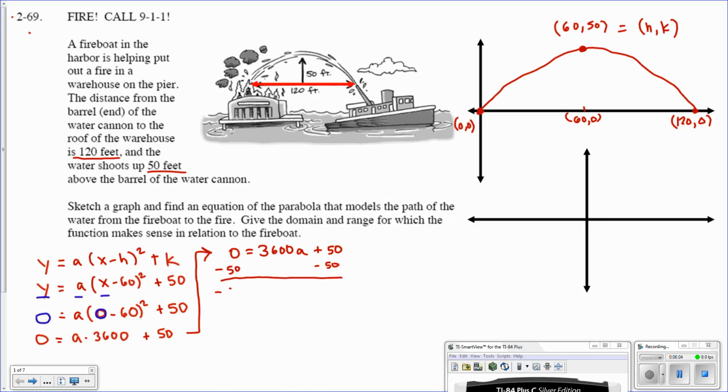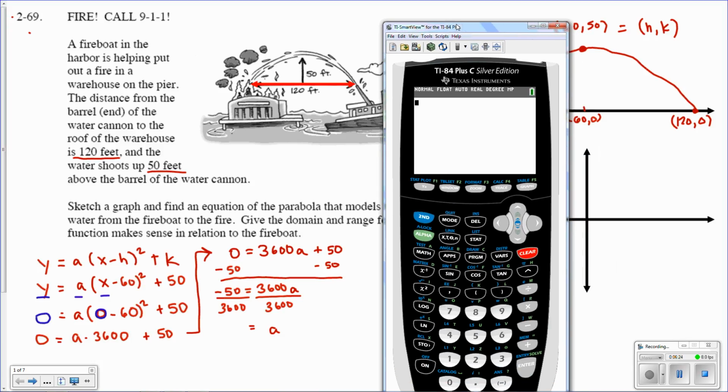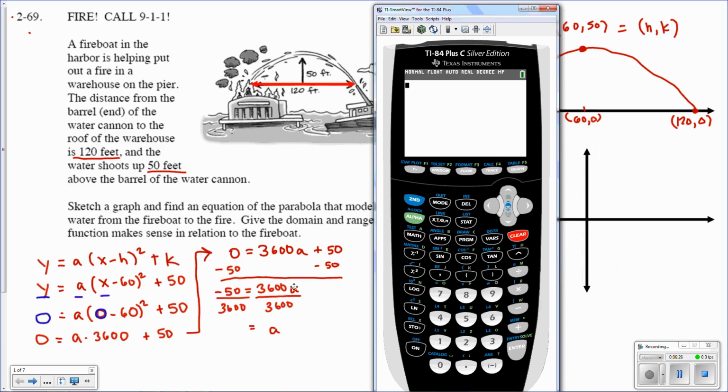And we're going to get negative 50 equals 3,600 times a. We divide each side by 3,600. And in the end, we should end up with a value of, if you want to take it here, I can show you. You could do your 50 divided by your 3,600.